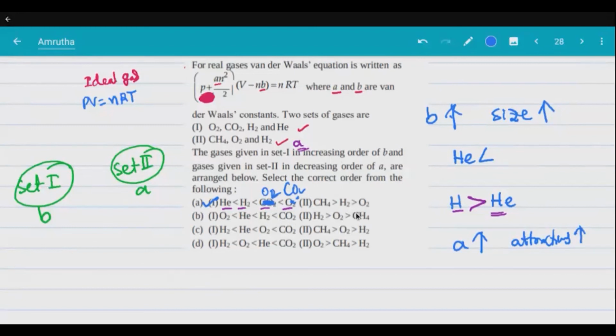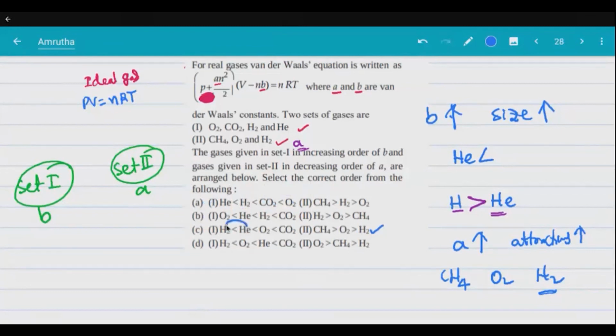So what about the attractions? Where are more attractions present? What kind of attractions do you have to see? Is there any dipole attraction? There is no dipole in any molecule, not possible. Just compare dispersion forces. Hydrogen has the least attractions. So I think this should be the answer, but there is a small correction.